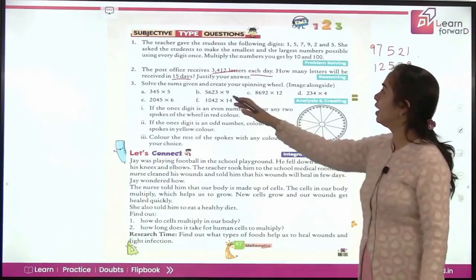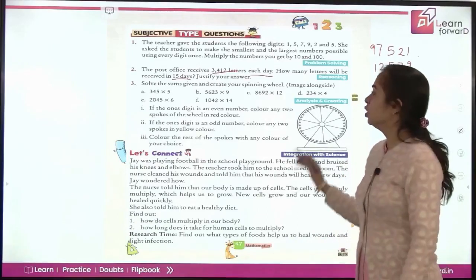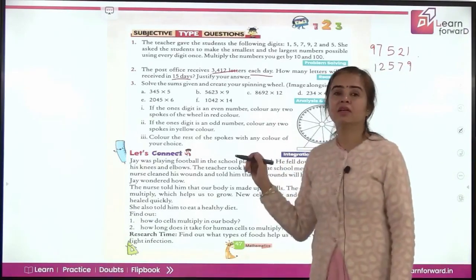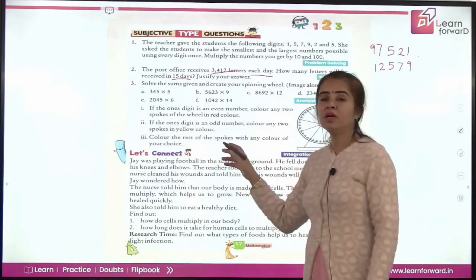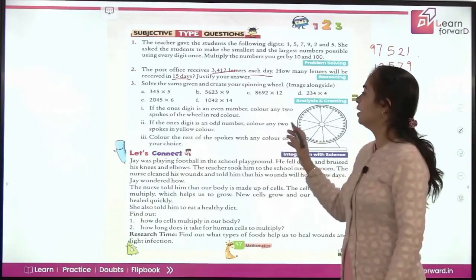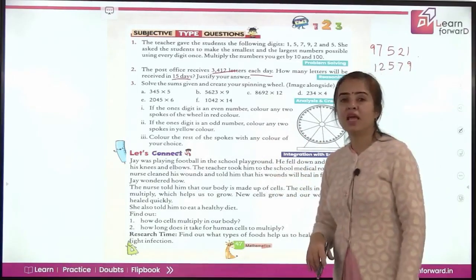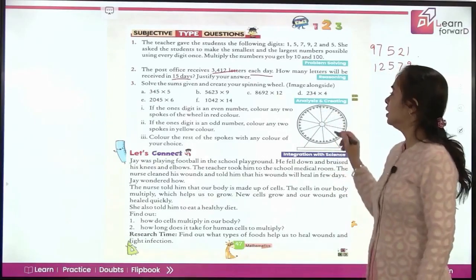Wherever you will be writing these numbers, the numbers that have even numbers, you will be coloring that in red color. If the ones digit is an odd number, if in the product it is odd, color any 2 spokes in yellow. So for them, you will be coloring the spokes yellow.